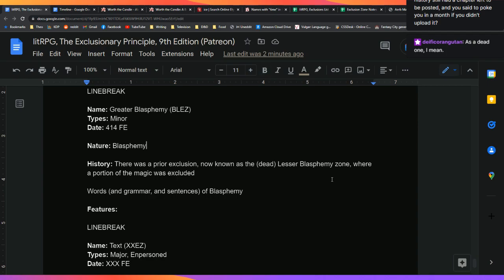So, blasphemy as an exclusion zone. Was I on something else? I might have been. Blasphemy as an exclusion zone is words of power. It's a very, very common fantasy trope. The interesting thing that we're doing here is adding grammar and sentences and stuff.